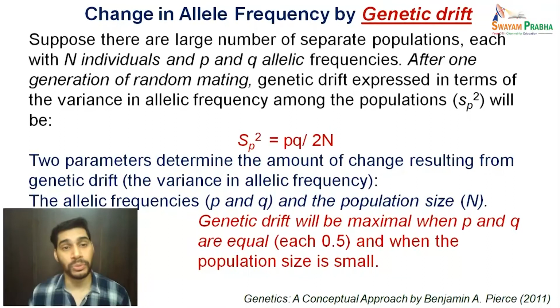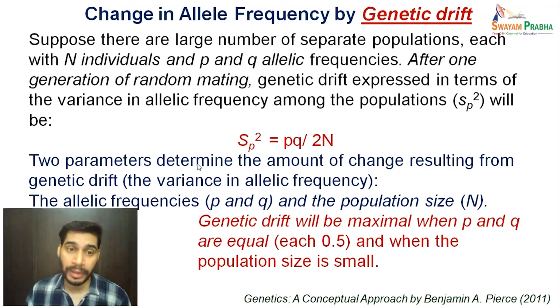Now suppose there are a large number of separate populations, each with n individuals and p and q allelic frequencies. After one generation of random mating, genetic drift, expressed in terms of the variance in allelic frequencies among the populations, that is sp2, will be pq divided by 2n.